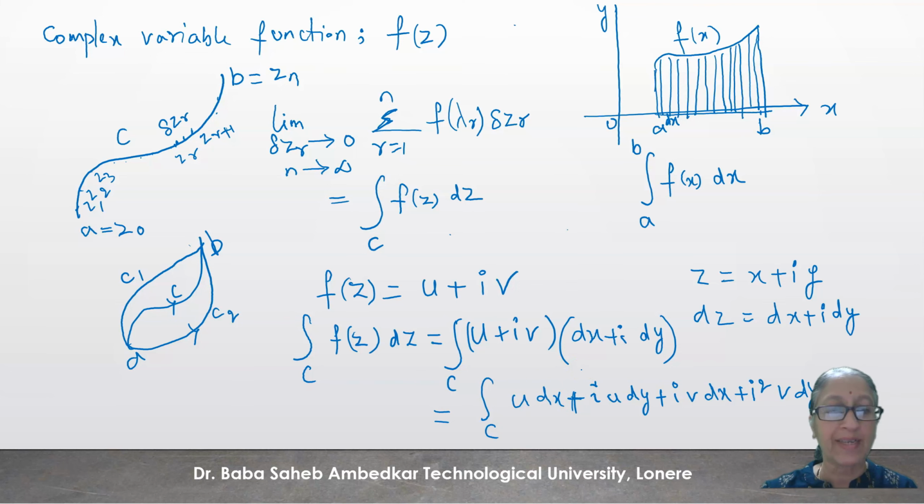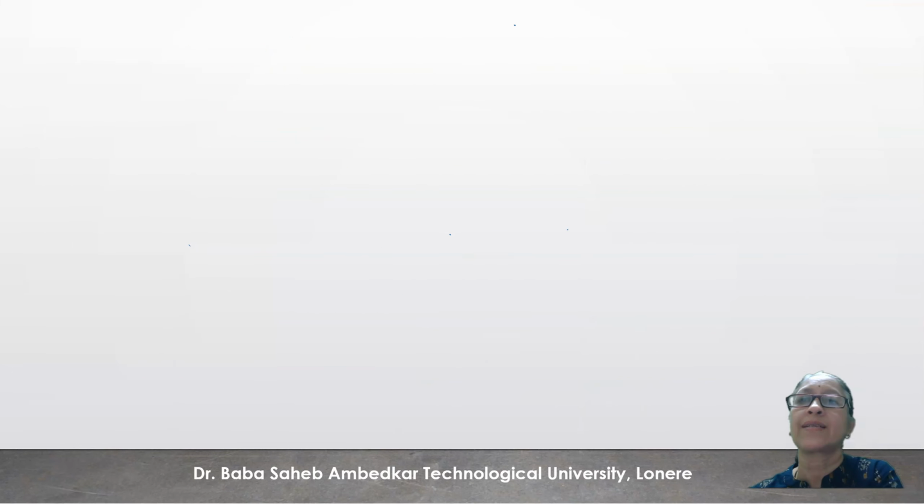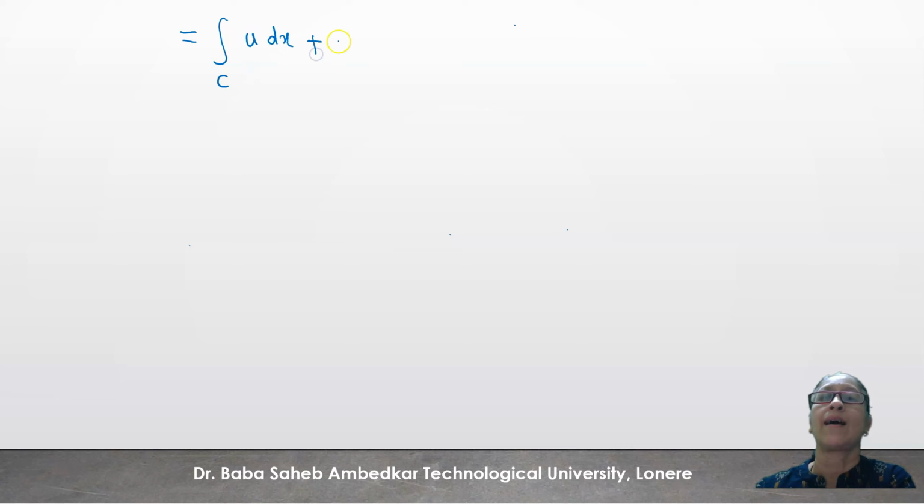Now let us simplify this, which is equal to integral C of u dx plus i u dy plus i v dx plus, i square is minus 1, v dy.